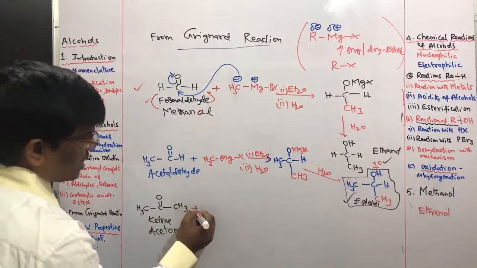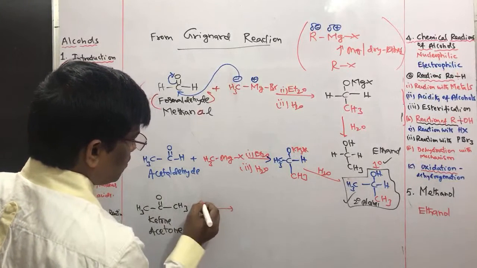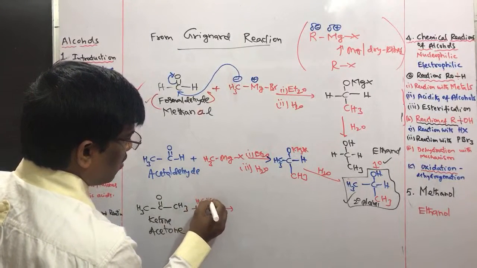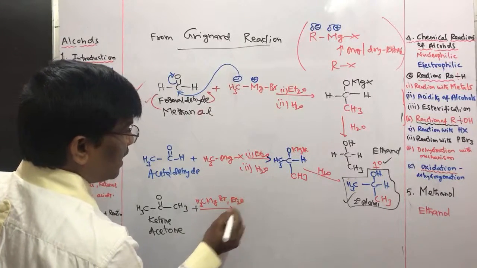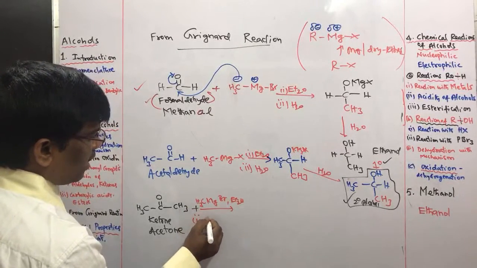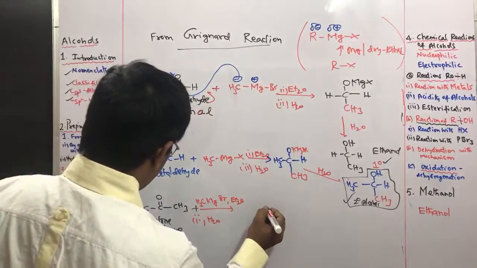If I use the same methyl magnesium bromide in diethyl ether, followed by hydrolysis, what am I going to get? Let me write for your understanding.